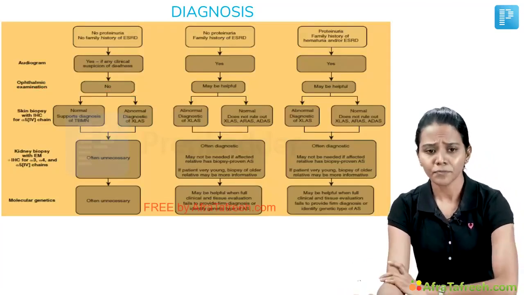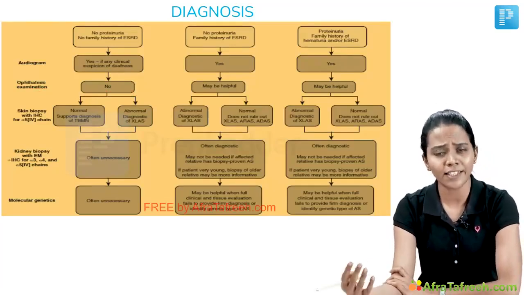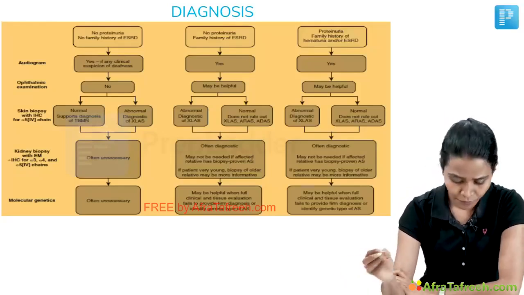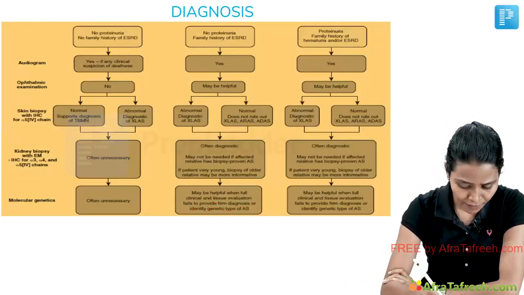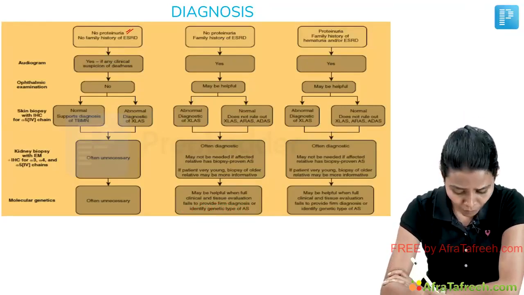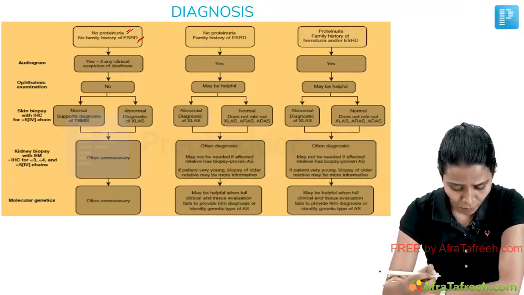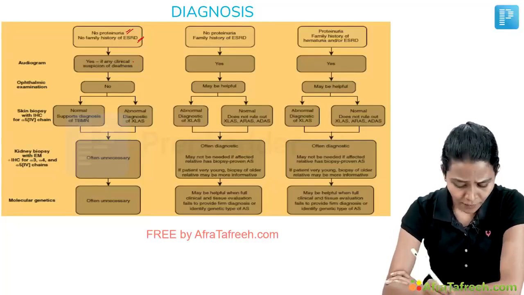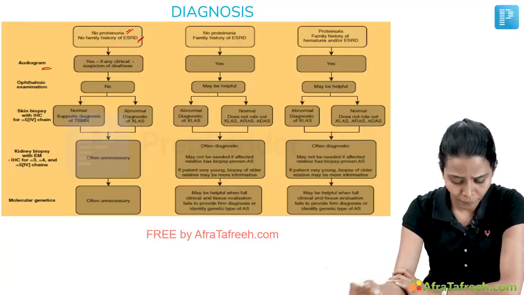Okay, so when a patient comes to us with renal failure, how do we suspect and evaluate Alport syndrome? First, if the patient has no proteinuria or no family history of ESRD, and the patient has hearing defects, then we have to go ahead and do an audiogram.